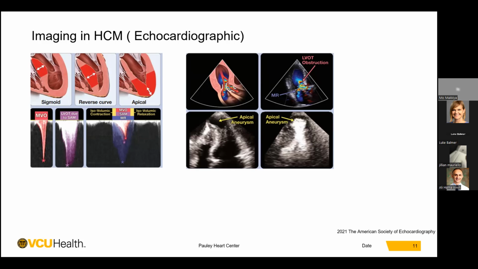Keep in mind that it is very important that we sample these velocities accurately. We should differentiate the dagger-shaped mid-ventricular obstruction velocity from SAM-mediated LVOT, as we see here in the picture, from the mitral regurgitation velocity, as these can combine sometimes and affect our reading.